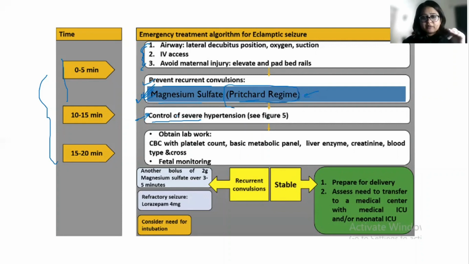If she has recurrent convulsions, and if she is stable, assess how stable she is, and then we plan for the obstetric management, that is preparing her for delivery, or if she's in a primary center, referring her to a medical center with ICU and emergency obstetric care wherever available. So this is a flowchart which I thought was good, and I will refer to it time and again in this presentation.